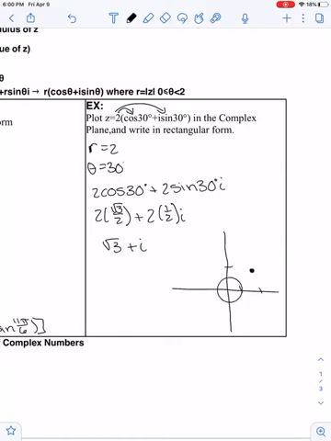So we're going to draw a circle to show that radius, and you want to make it look the best you can. So that has our radius of 2. And then we're going to draw a dotted line from the origin through our point, because that'll show that this has the angle of 30 degrees. So that point is z equals 2 cis 30 degrees. And that's it for this one.